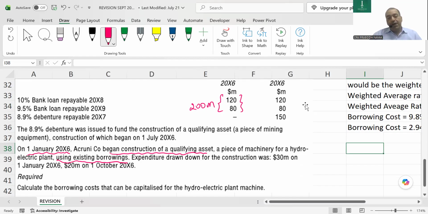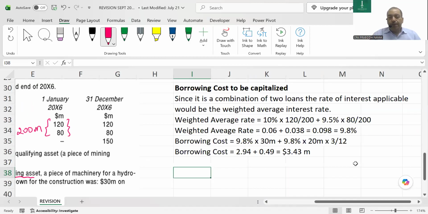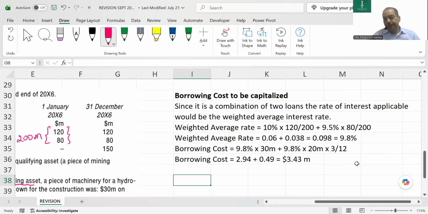So on 1st January, only 2 borrowings existed, 120 and 80. Any difficulty with this? All clear?